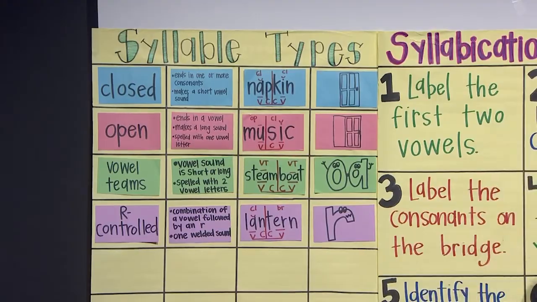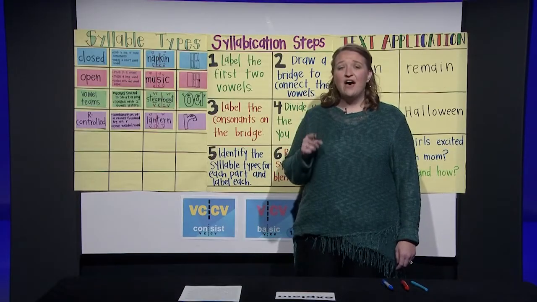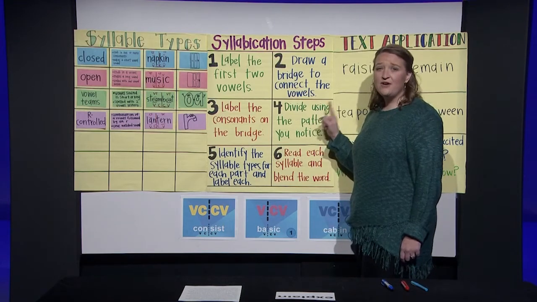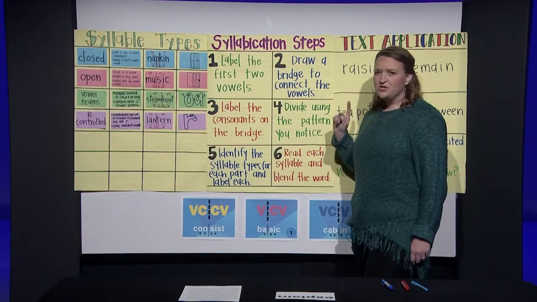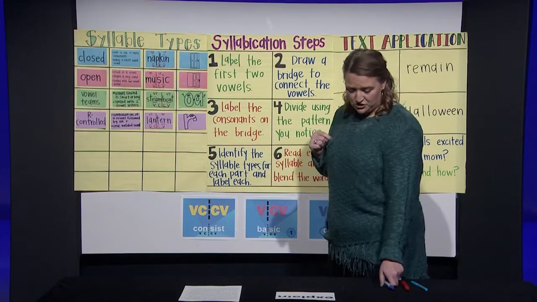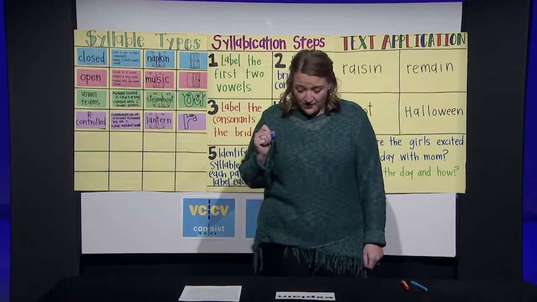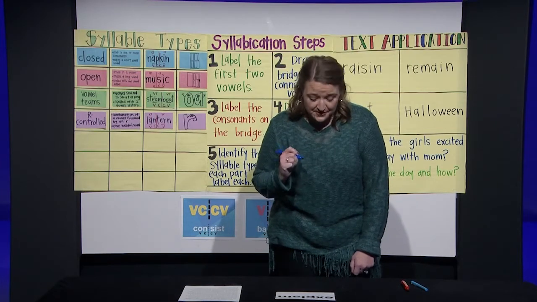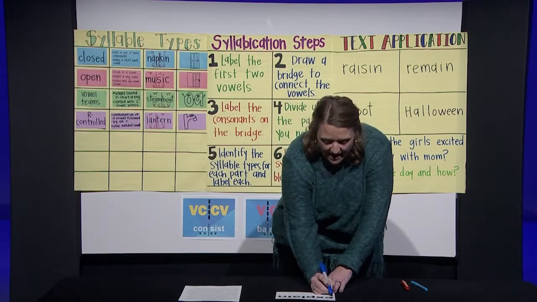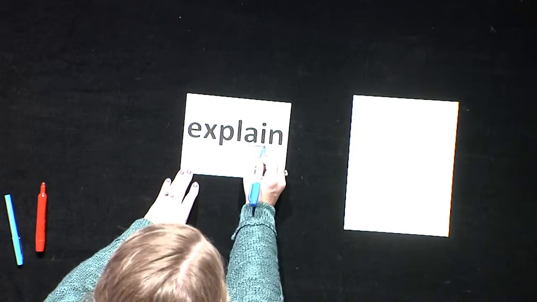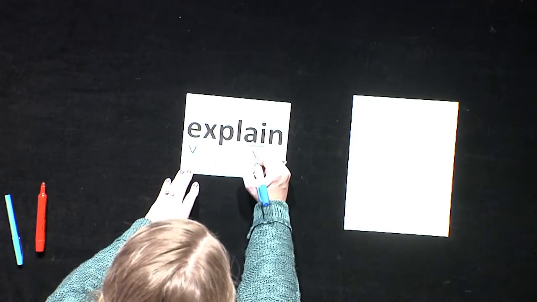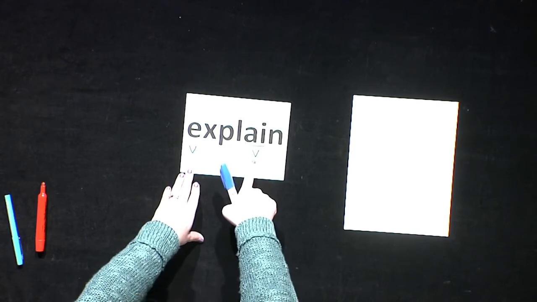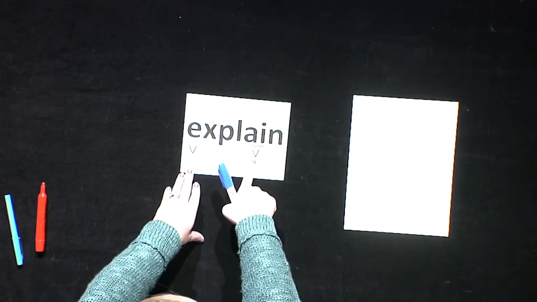Before you help me, I want to review how to use the syllabication steps to work through decoding an unknown word. So I want you to watch me do this first one. We know that step one is to label the first two vowels. The first two vowels I see are E and AI. So I'm putting my V, and remember, when we see that vowel team, we just put one V under it.